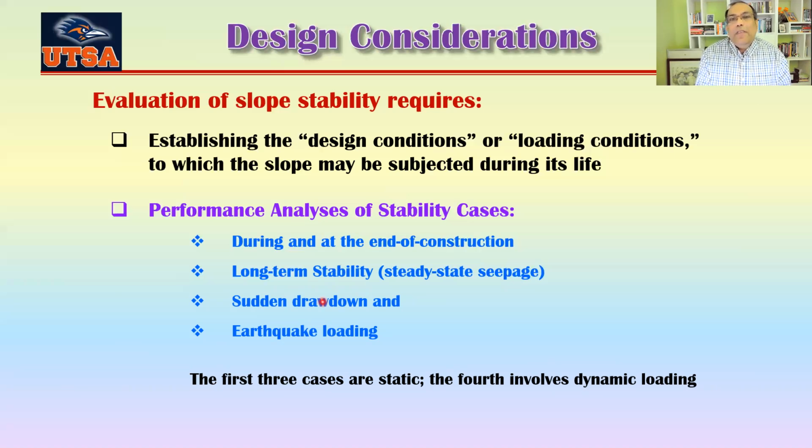On the other hand, the eastern part of the United States doesn't have that much potential. So in the east, if you want to construct a large dam, earthquake will not be a governing factor there. But if you do that in the western part, say somewhere in California, then earthquake loading will be very significant.